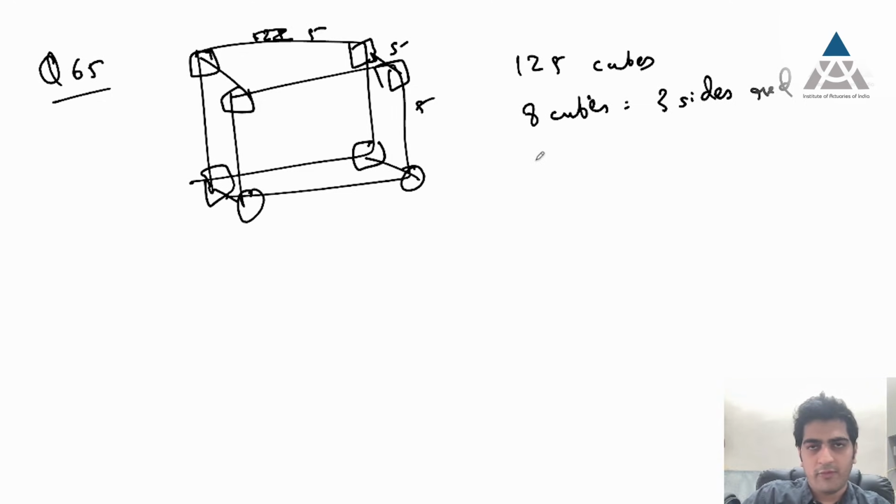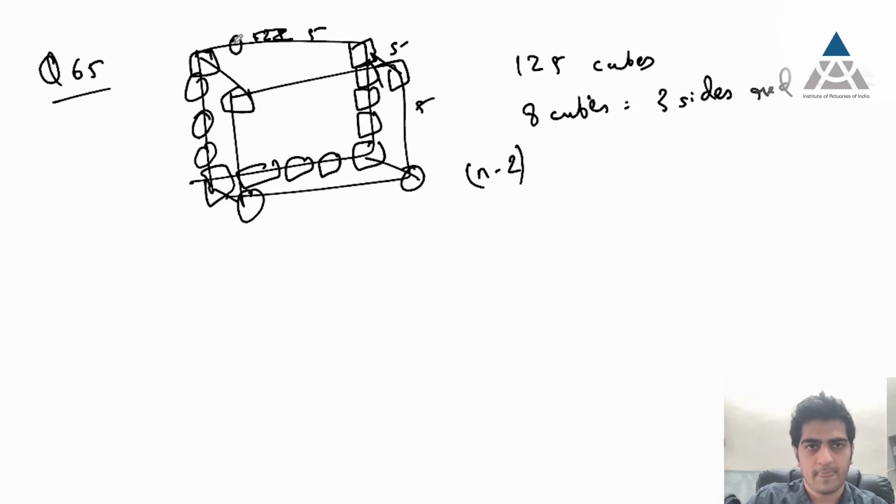The number of cubes with 2 sides red will always be, if you remember, n minus 2 on each arm. So here you have 1, 2, 3. Similarly 1, 2, 3, 1, 2, 3, 1, 2, 3. This will happen on each arm, and there are 12 such arms in total.